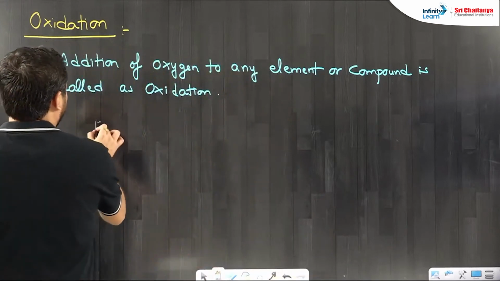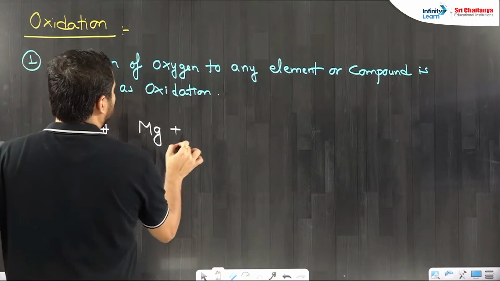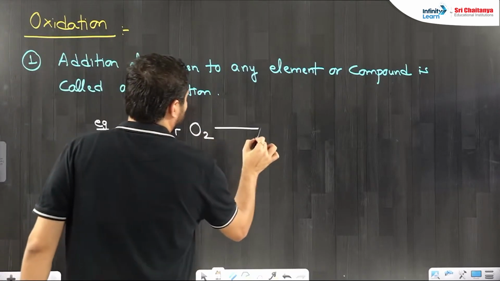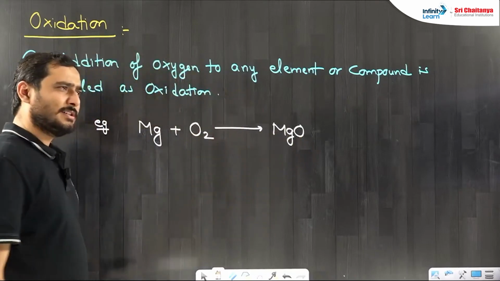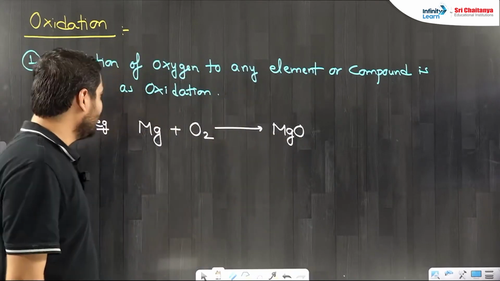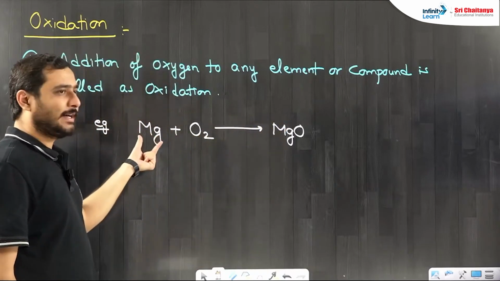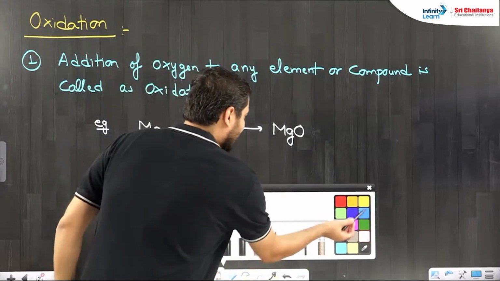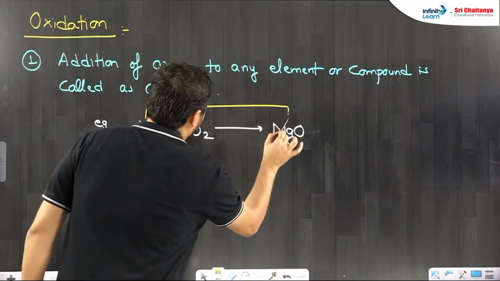If we take an example, let us take magnesium. Magnesium is an element. If we add oxygen to it, what is formed? MgO. I am not writing the balanced equation, just the reactant and product. So Mg plus O2 gives MgO. Magnesium is an element, and this element is converted to MgO.